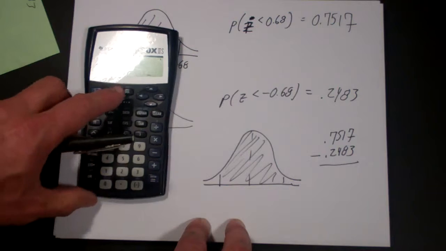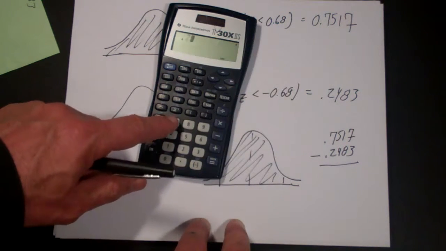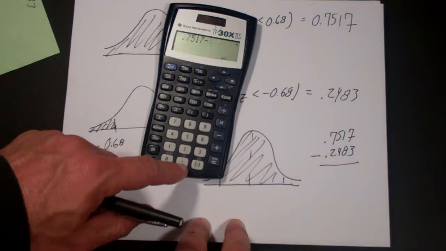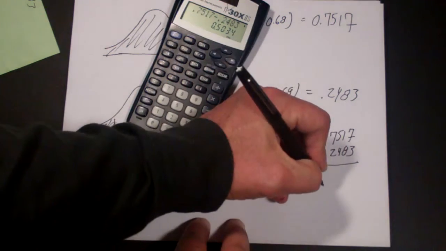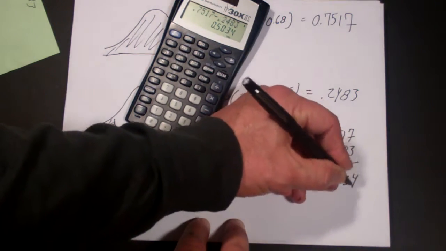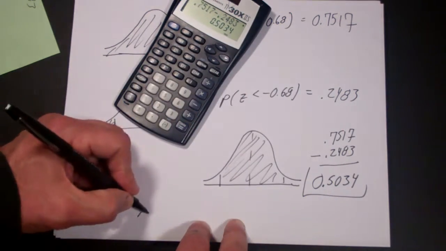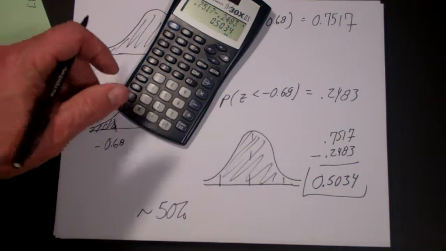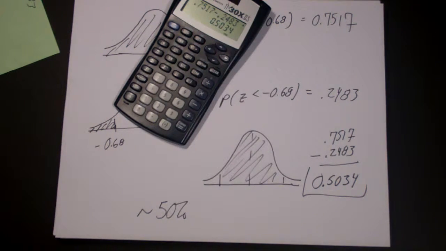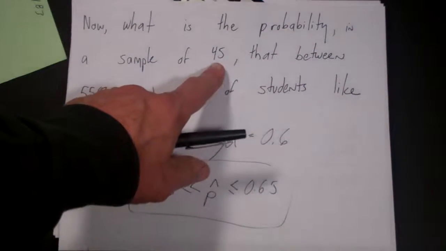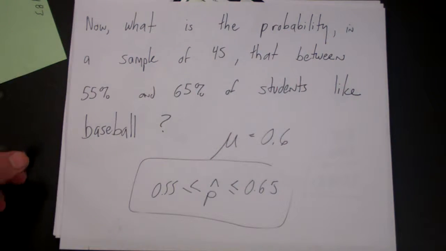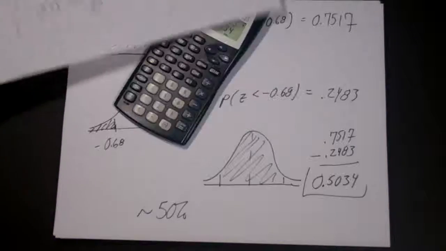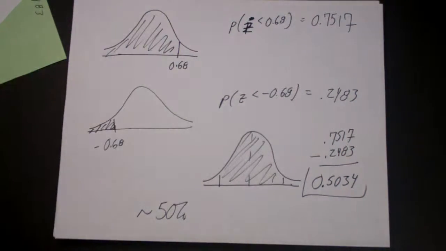In my younger days, I would try to do that in my head. And I get 0.5034. In other words, in my particular sample of 45, I have a roughly 50% chance that between 55 and 65% of the students will end up liking baseball. And then I'm finished.